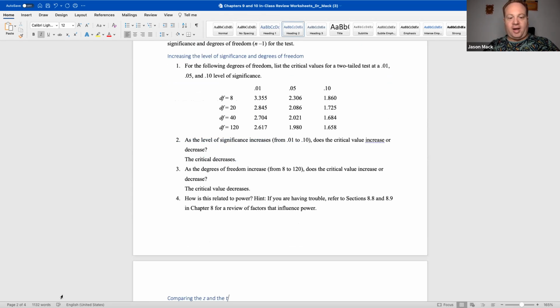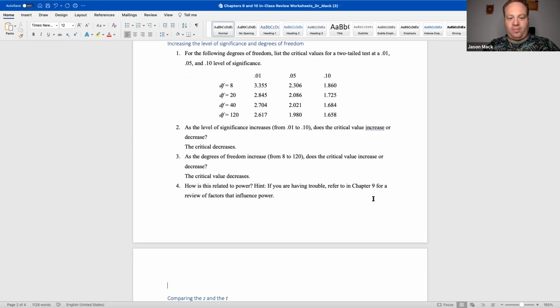The next thing we're asking is, how is this related to power? If you're trying to figure this out before I walk you through the answers, refer to the sections in chapter 9 for a review of factors that influence power.